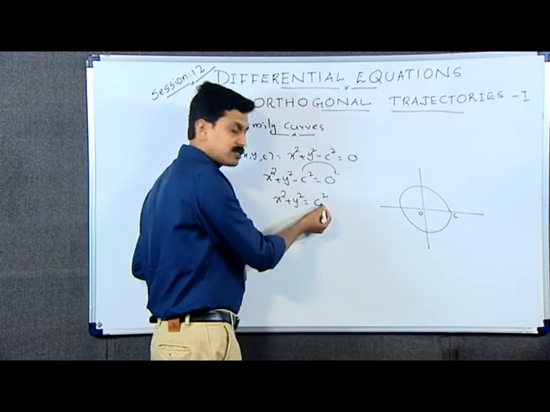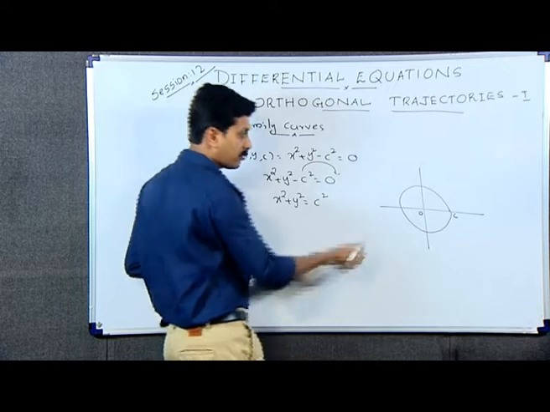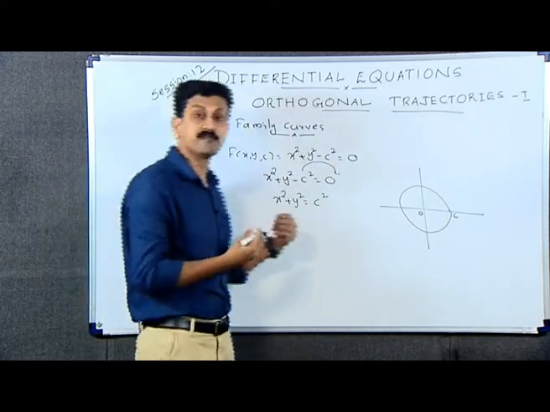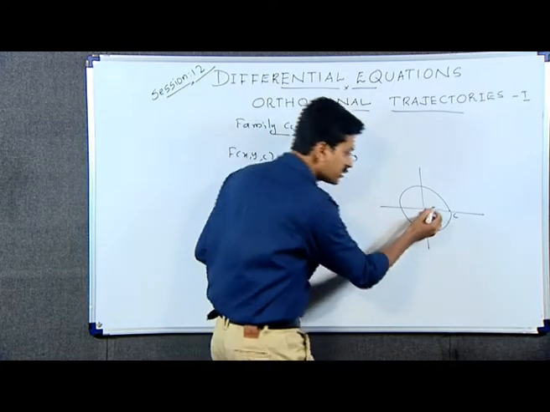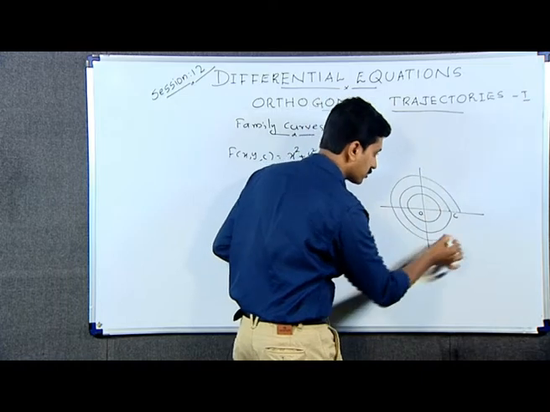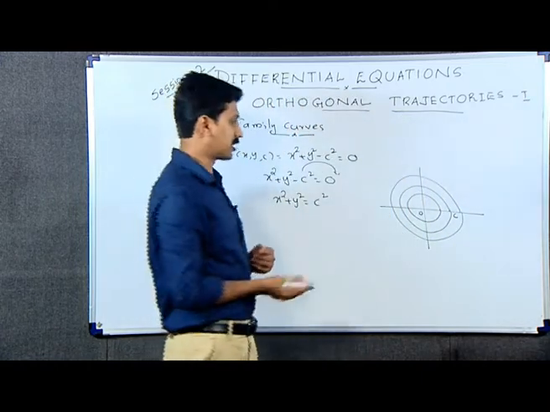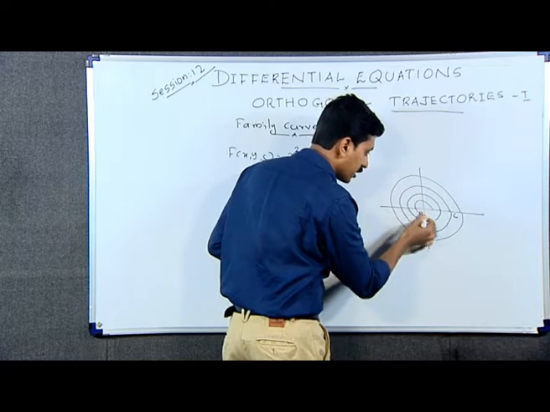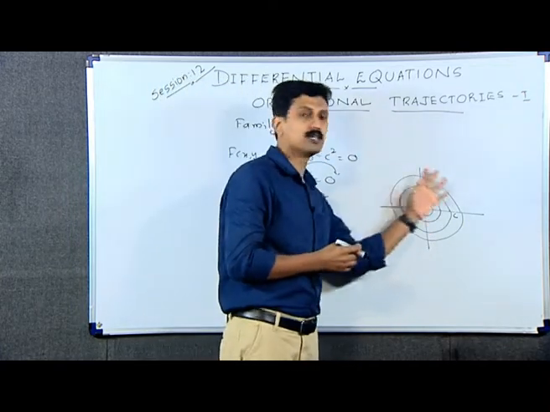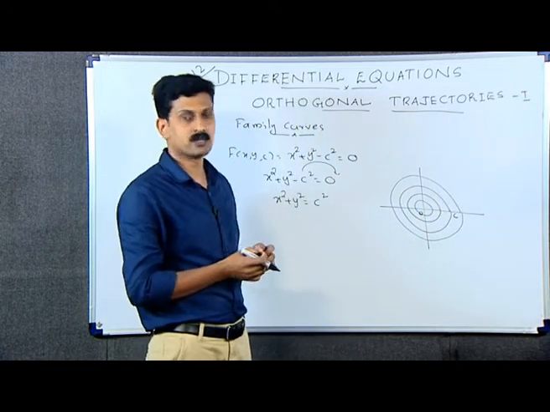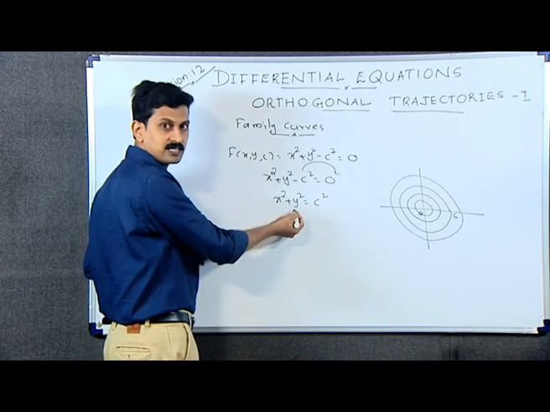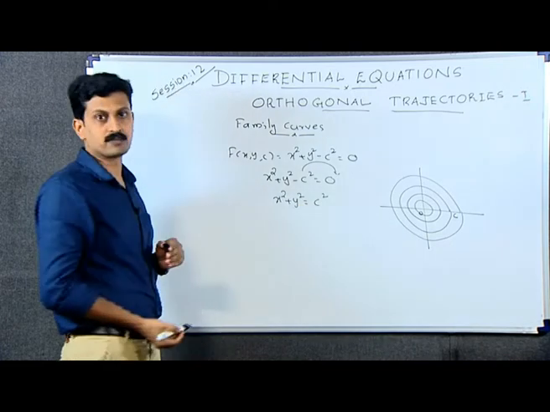We are taking c as a variable, so it can vary, which means we will have a collection of circles, the concentric circles. So we can say that this is a family of circles.